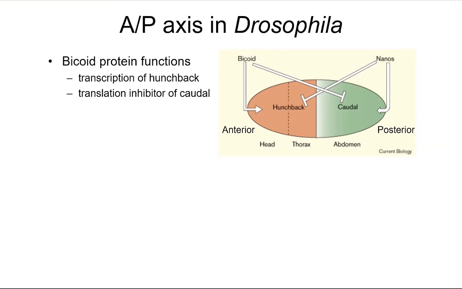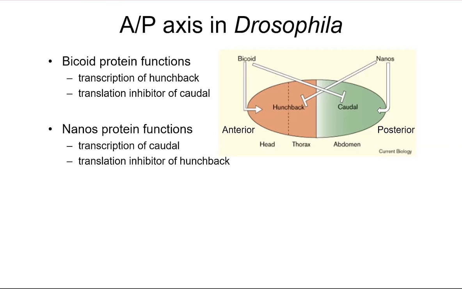Bicoid is a transcription factor for hunchback and a translation inhibitor of caudal. So where there is a high level of bicoid protein, we will end up with increased hunchback expression and decreased caudal expression. While nanos is a transcription factor for caudal and a translation inhibitor for hunchback. So it will increase caudal expression and suppress hunchback expression.